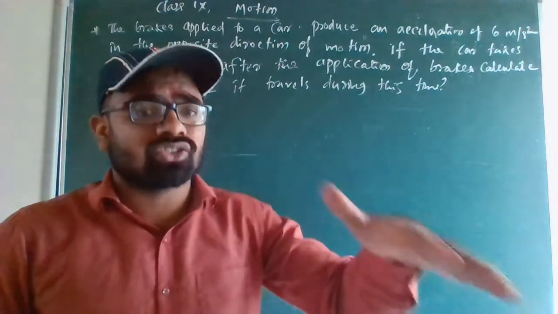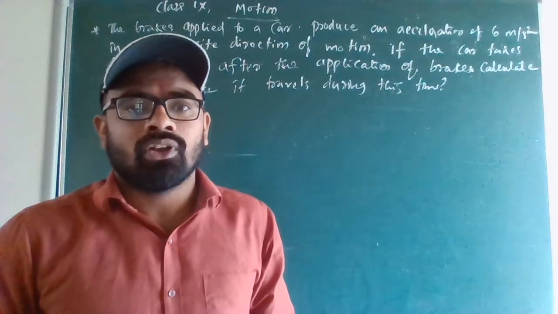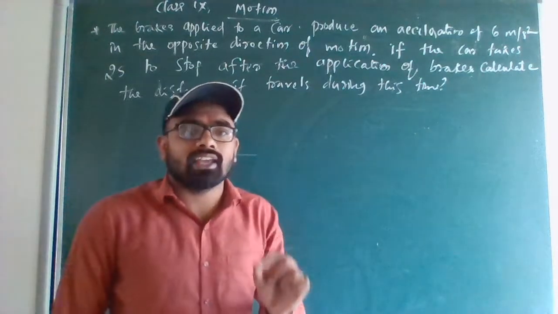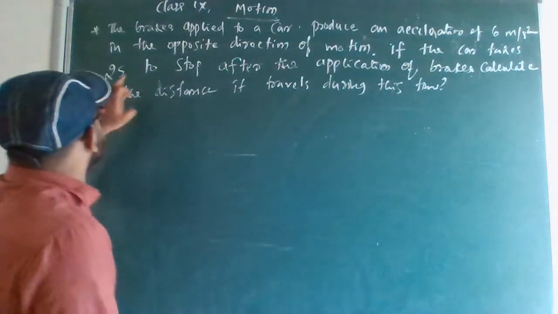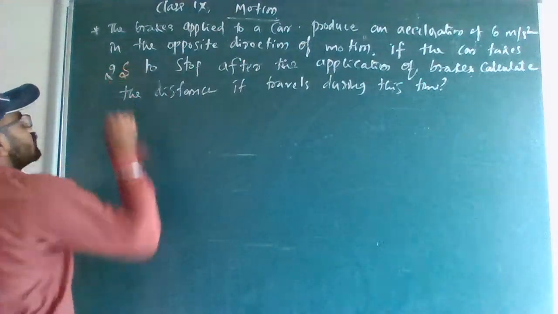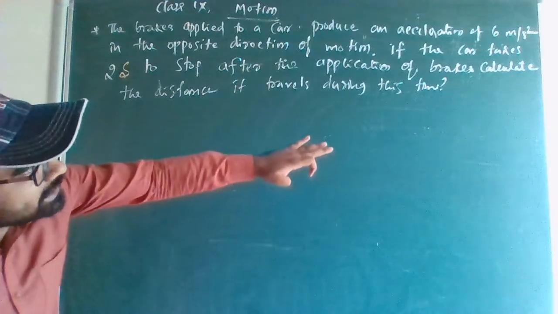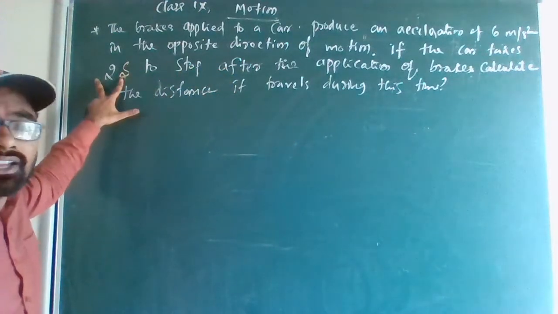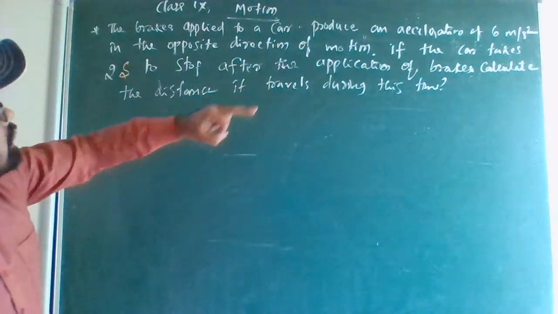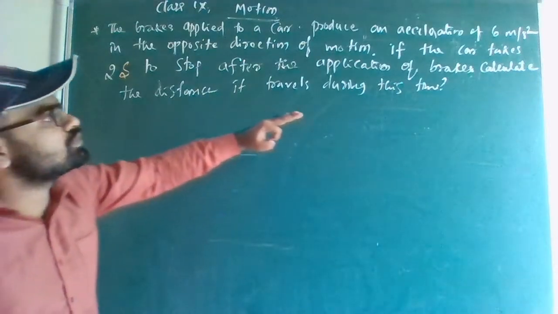If it is in the direction of motion, we consider it positive. If the car takes 2 seconds to stop after the application of brakes, that means 2 seconds is the time. Calculate the distance it travels during this time.